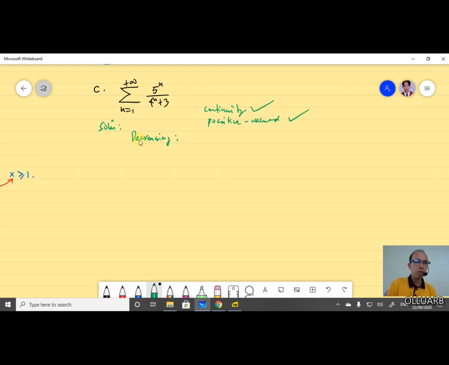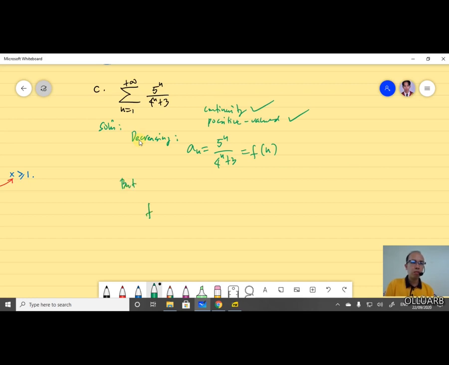For example, in this given series, the decreasing part is not satisfied. Why? Because if you take a_n is 5 to the n over 4 to the n plus 3, this is our f of n.